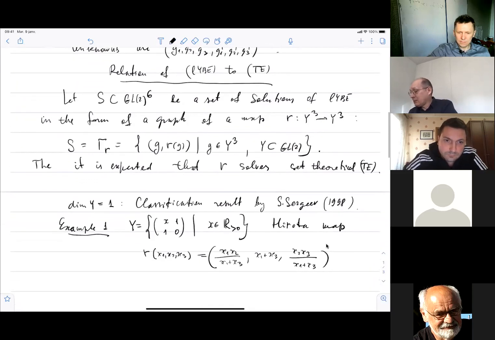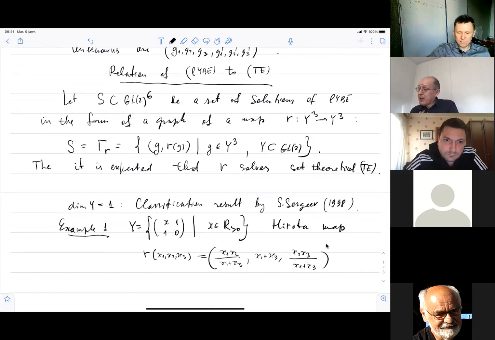And actually you have a uniqueness in this case. If you just pick up this Y and substitute into the local Yang-Baxter relation, then you will get just three independent equations, which give exactly this solution. And you see that, for example, if you try to make it over all reals, then you already encounter some problems of singularity, division by zero, for example, if x1 plus x3 vanishes.